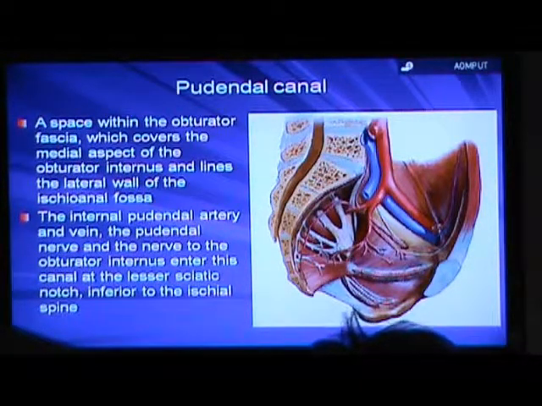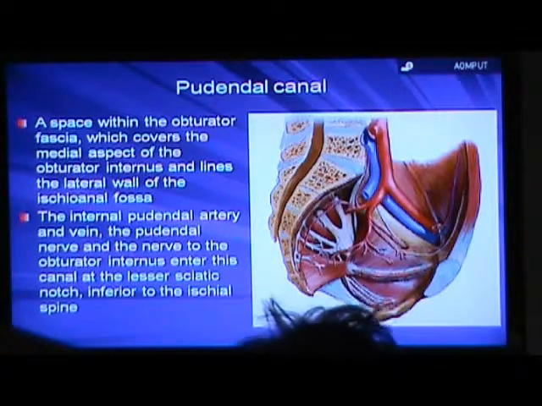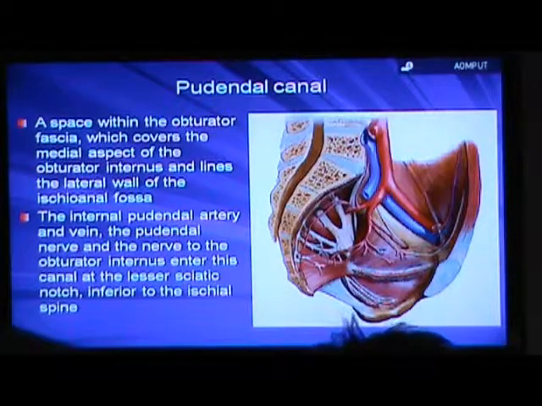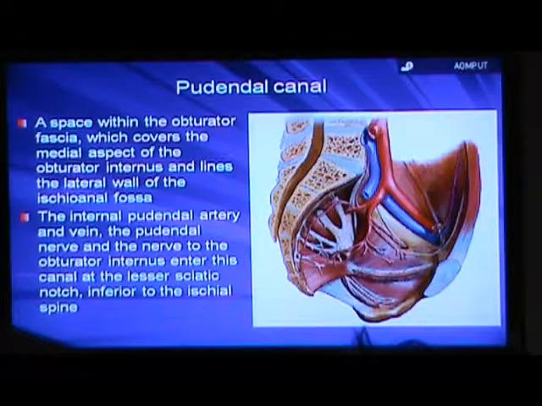The internal pudendal artery, which is a branch from the internal iliac artery, and the vein, which will return to the internal iliac vein, the pudendal nerve, which is a branch from the sacral plexus. Look, here is the sacral plexus in the pelvic cavity, and the nerve to the obturator internus enter this canal at the lesser sciatic notch, inferior to the ischial spine. Here, this is the ischial spine, so inferiorly to it pass these structures.